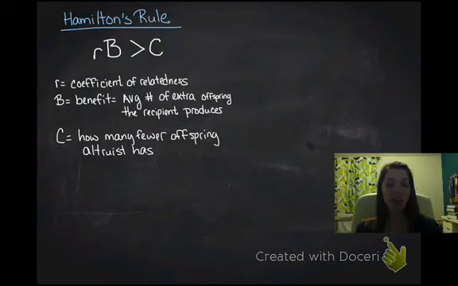So if I sacrifice myself to save a sibling, I need to know how many fewer offspring I'm going to have as a result of that, that would be C. I need to know how many more offspring they're going to have as a result of it.